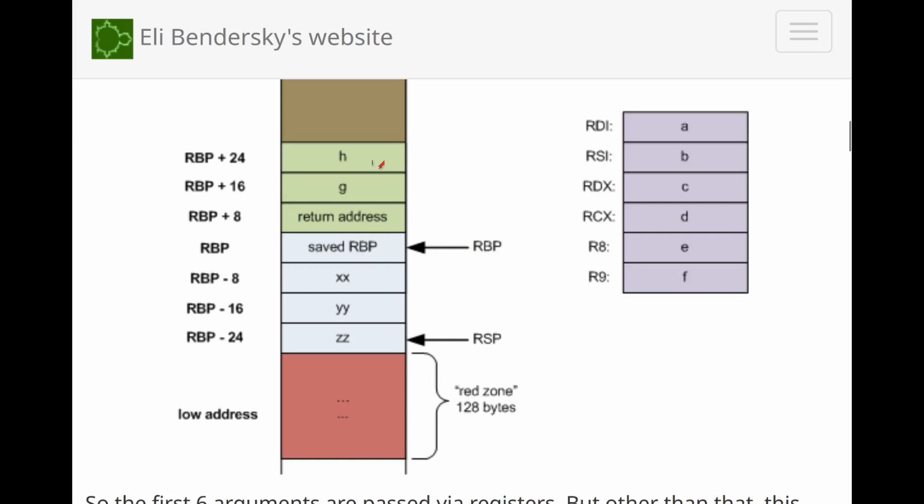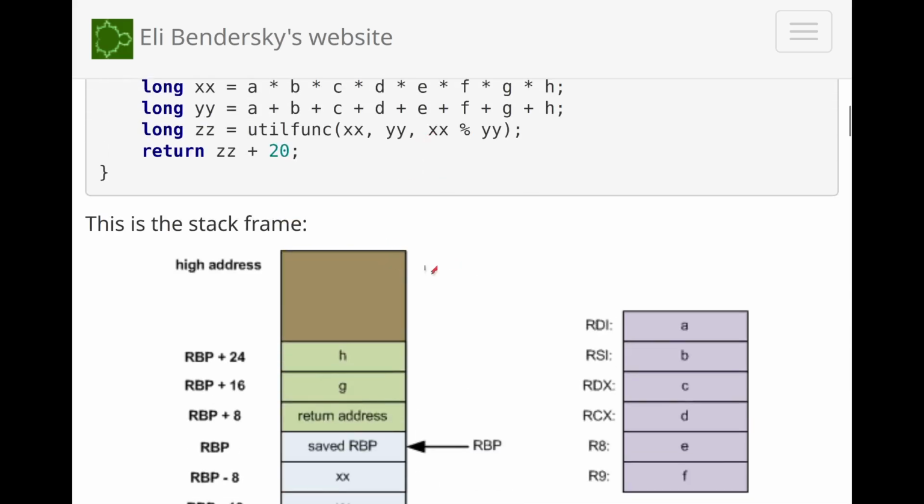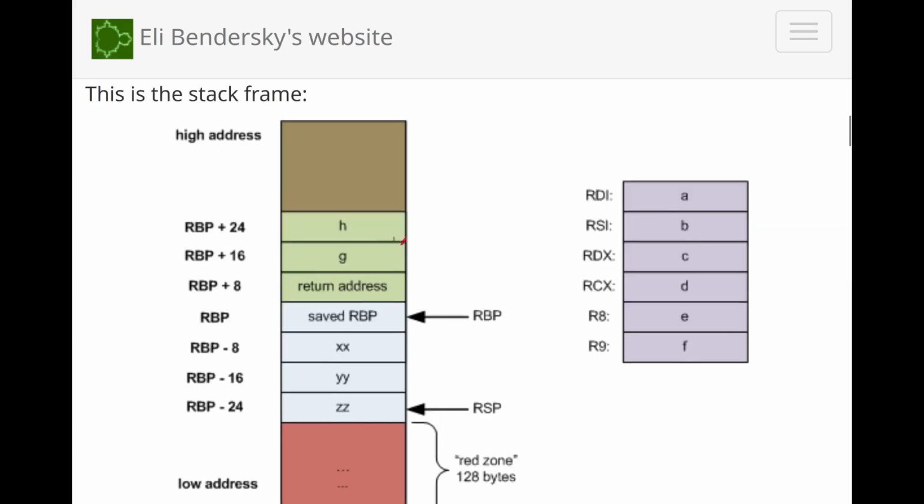Whenever you create a new function call, say the previous RBP is pointing here, the new call will push the parameters, push the return address of its own function, and then the new function will save a pointer to the old stack frame. It'll save this pointer and update it to be its own stack frame, and then push any variables for its local variables.